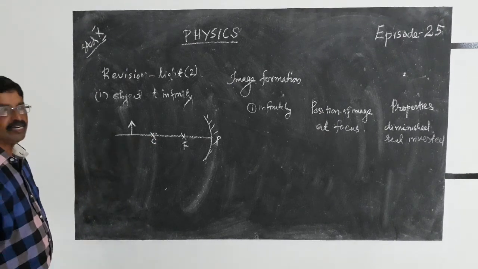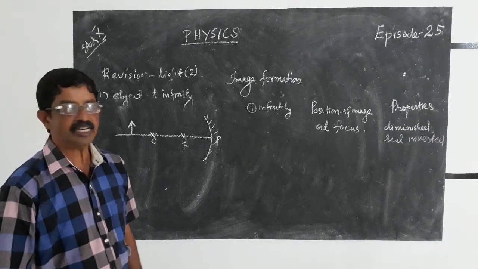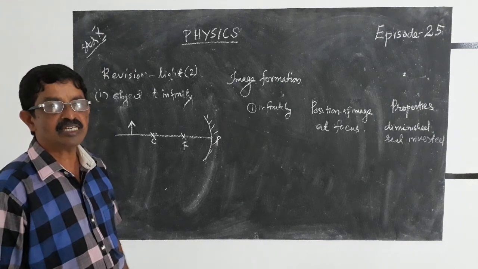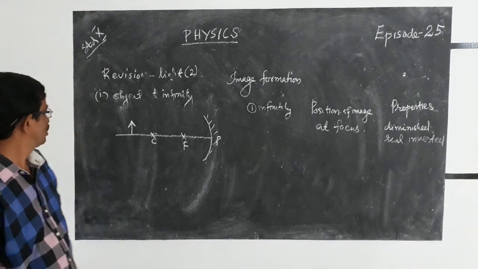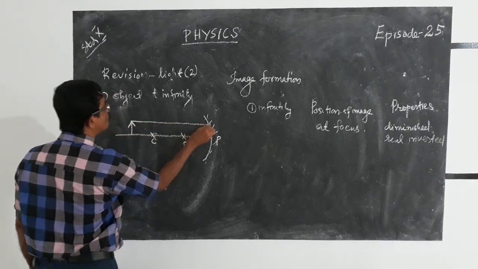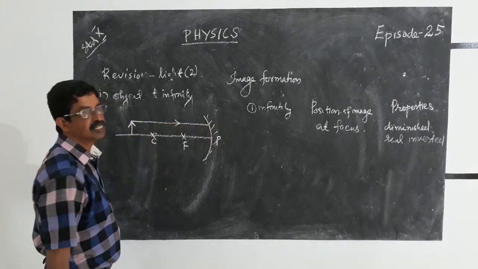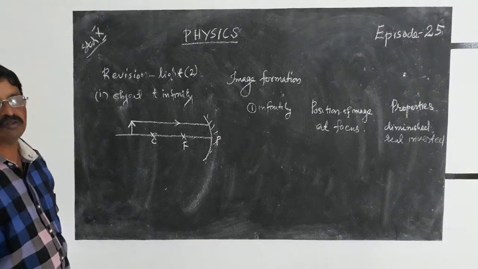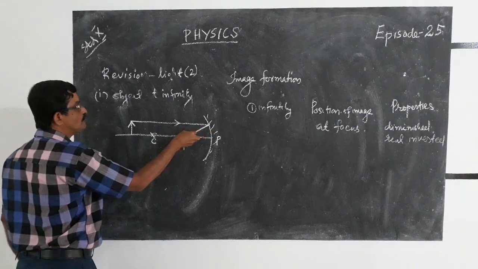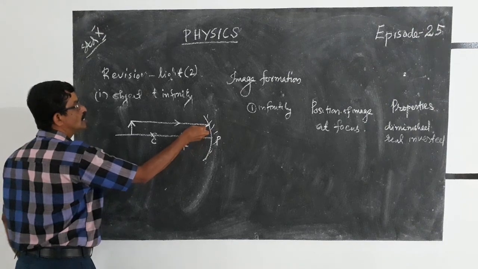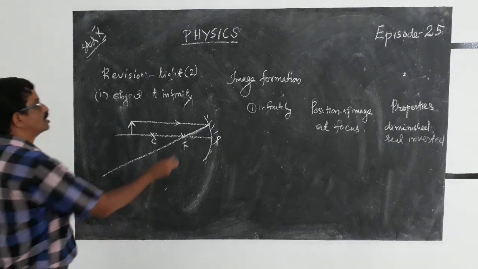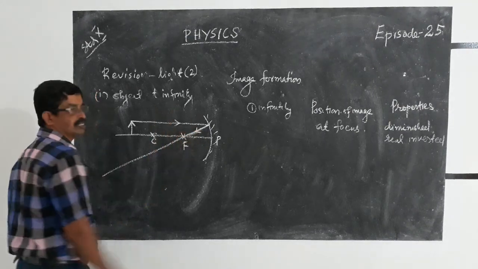Now we want to draw the image formation by using a ray diagram. First we draw this ray which is parallel to the principal axis. We know it passes through the principal focus after reflection.